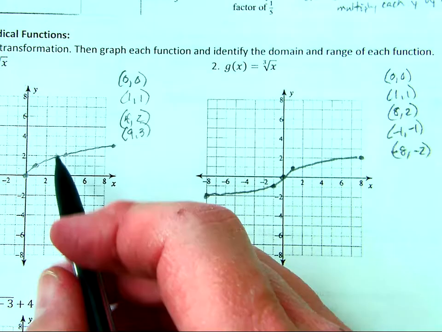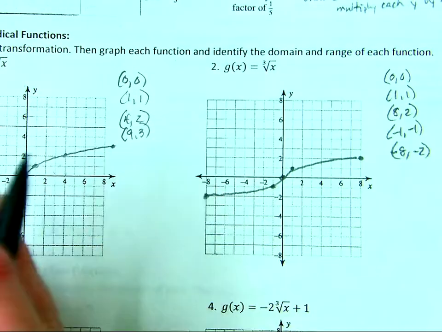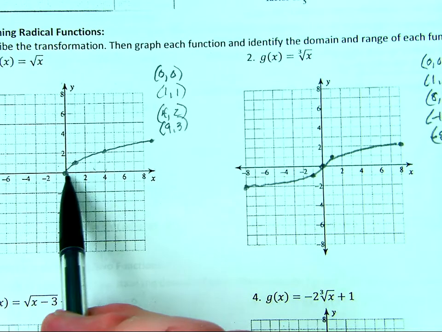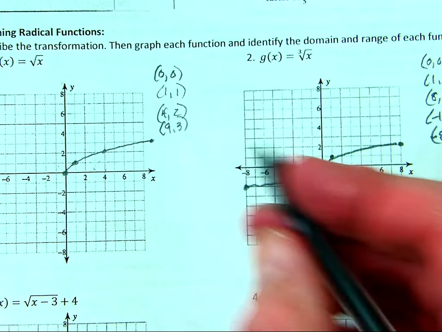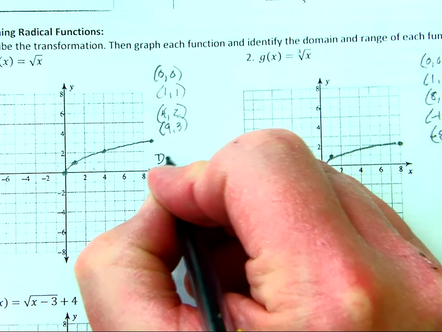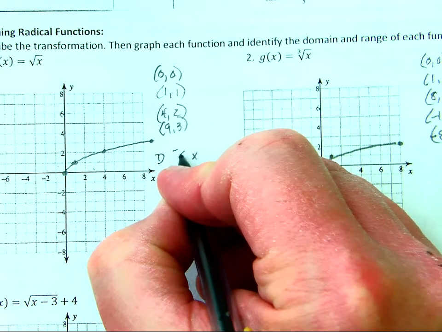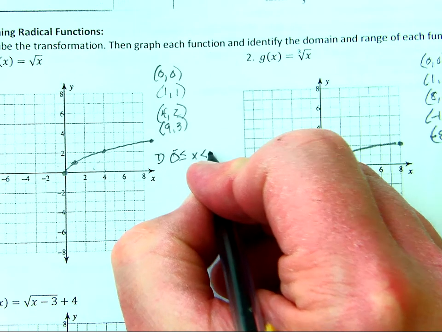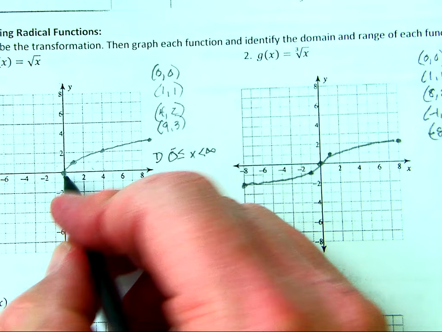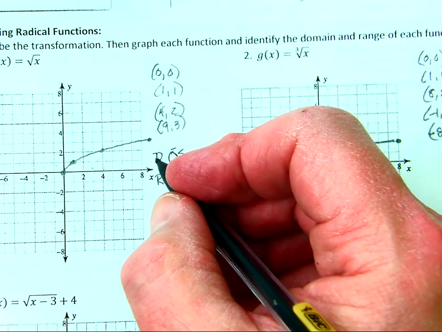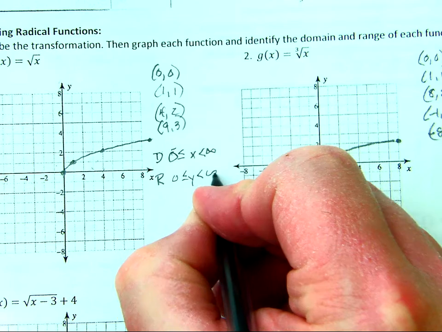Domain and range. Well, here, for the square root graph, you can see the domain. If we look at our graph, remember domain is left to right. Well, the farthest left this goes is 0. The farthest right, it goes to infinity. So here the domain would be x is greater than or equal to 0 and less than infinity. The range, notice there's no negative numbers, so the range is y greater than or equal to 0 and less than infinity.